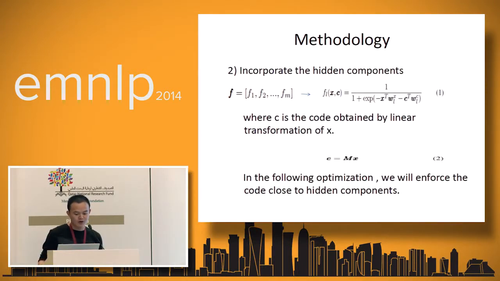In our following optimization, we will enforce the code close to the hidden components. This is the way we incorporate the hidden components into the multi-label text classification.